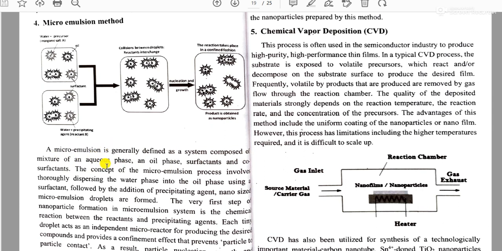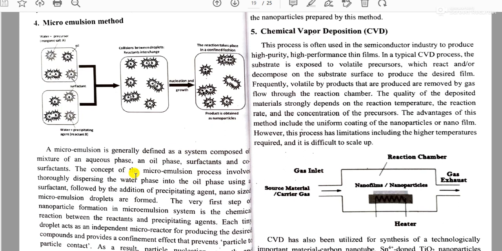You have an aqueous phase, basically the water medium, then you have an oil phase, that is the non-polar medium, then you have a surfactant and co-surfactants. As you know, surfactants and co-surfactants have a polar head and a non-polar tail. You might have learned the basic structure of surfactant molecules.